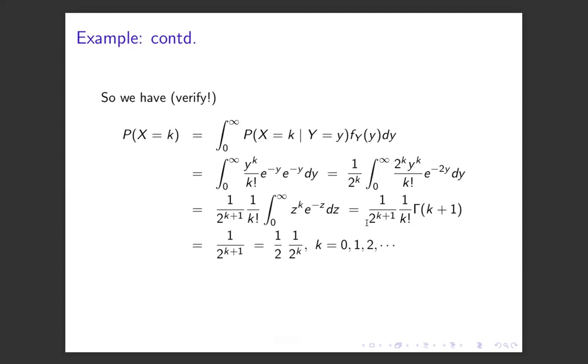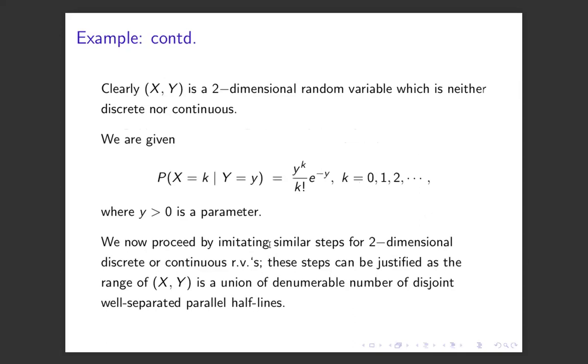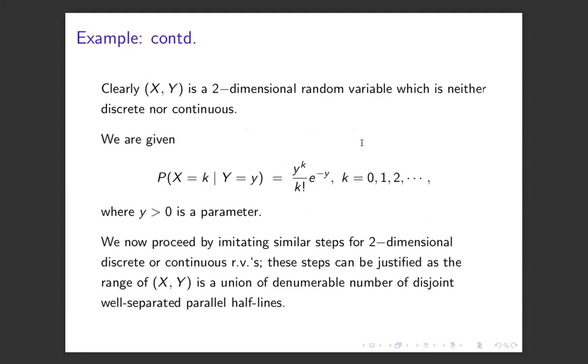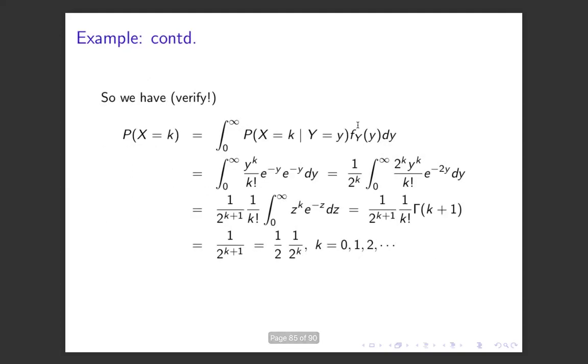So proceeding similarly, imitating the procedure we know already, the probability that X equals k is, since you know the marginal density of Y is exponential with parameter 1, the integral of the conditional probability that X equals little k given capital Y equals little y, times f sub Y of y dy.